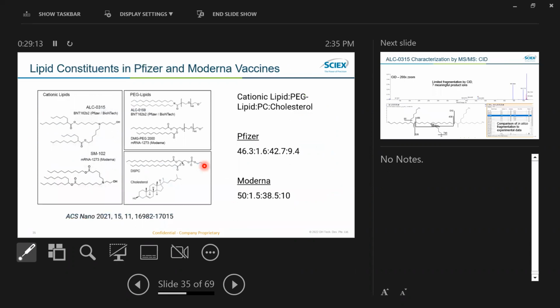I want to share one other example of an ionizable lipid. We also characterized ALC0315. Again, this is the lipid from Acuitas that was used in the Pfizer-BioNTech vaccine.